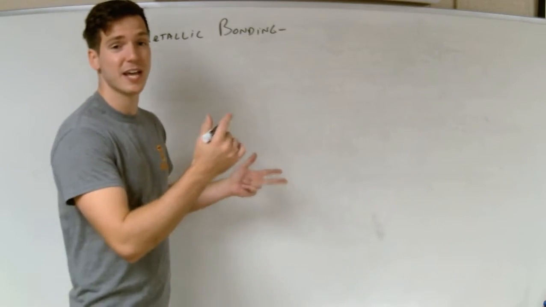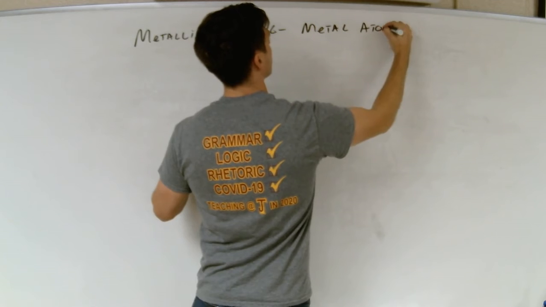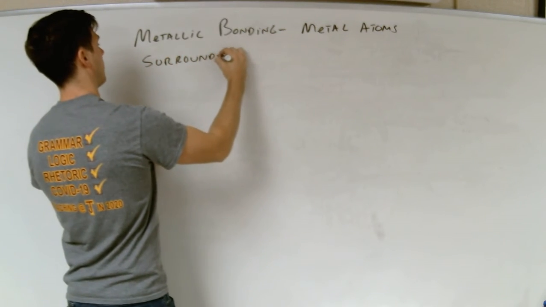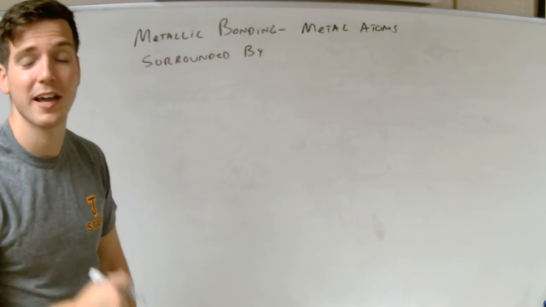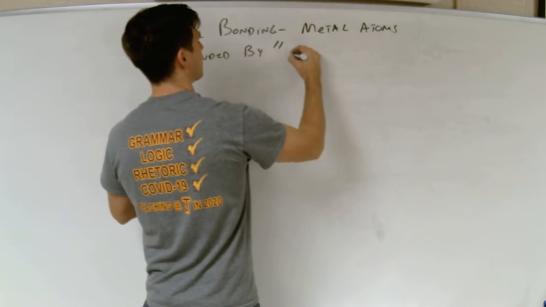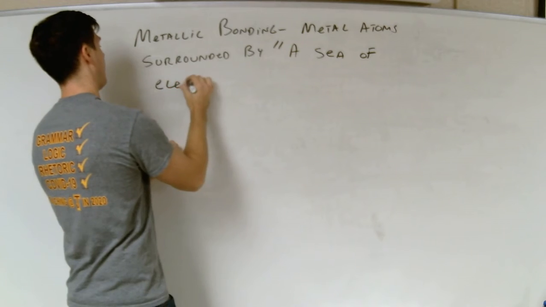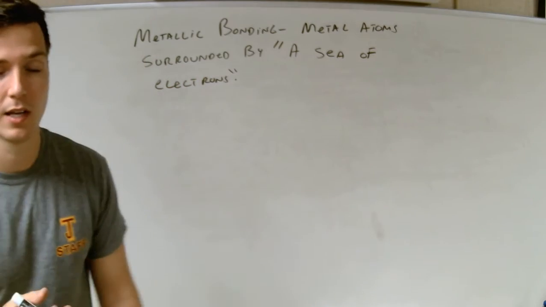What is metallic bonding? It's just metal atoms surrounded by, and they love this term, no matter what chemistry book you look at, you'll see this term in every single one, surrounded by a sea of electrons. So that's what metallic bonding is.